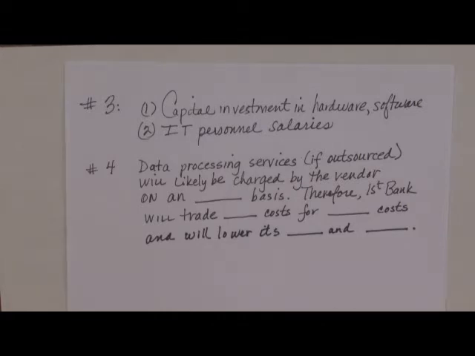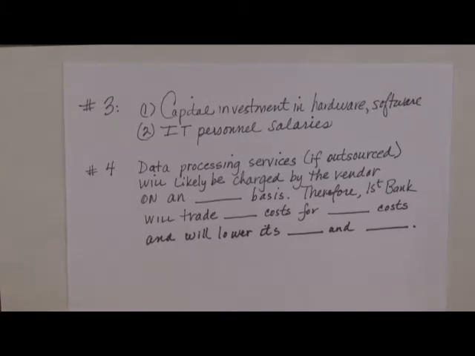It asks you to think about what 2 types of fixed cost could be avoided. And I think the 2 obvious answers would be the capital investment in hardware and software could be avoided if you were getting this done by an outside vendor, and also those salaries of your IT personnel could be avoided.